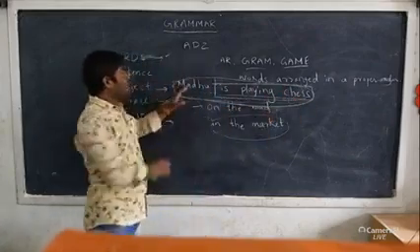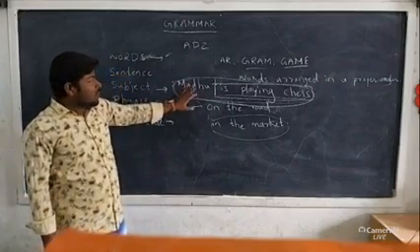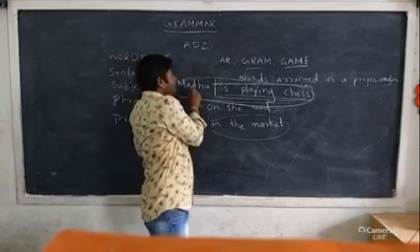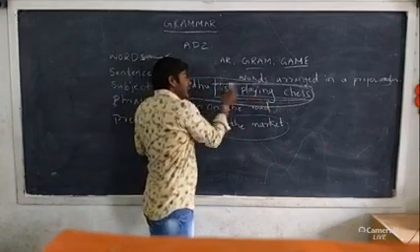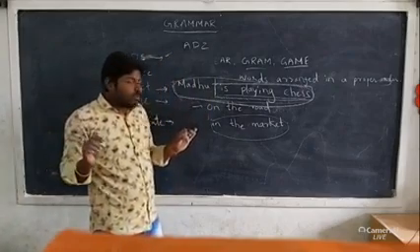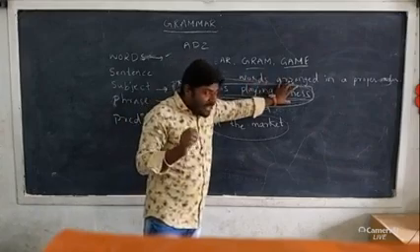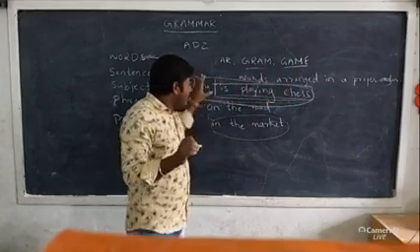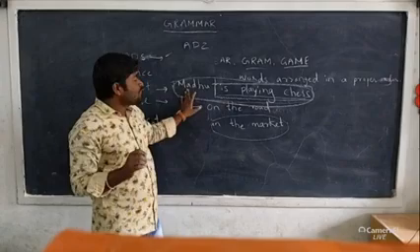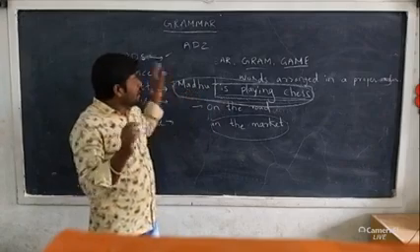Just now we learned what is called a sentence. Just now I have told you. A sentence is nothing but a group of words arranged in a meaningful order. What is a word?